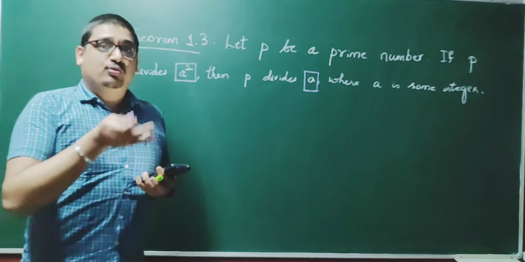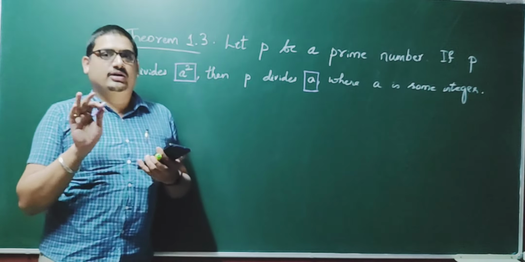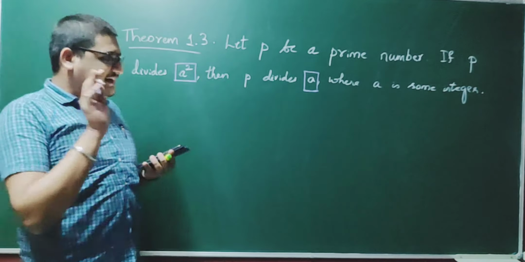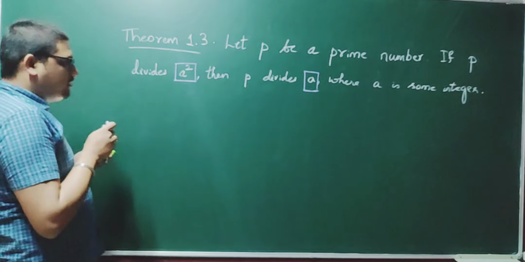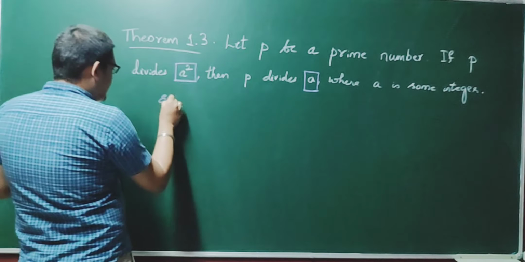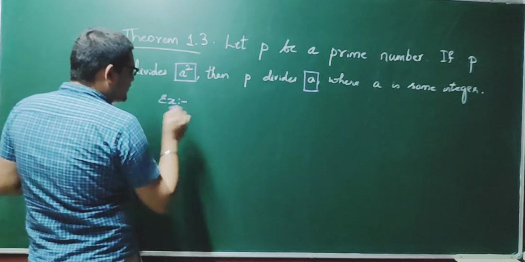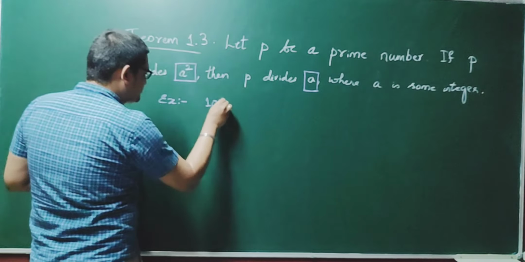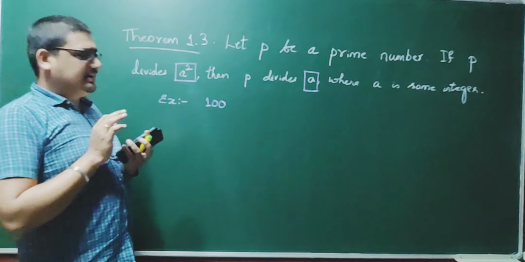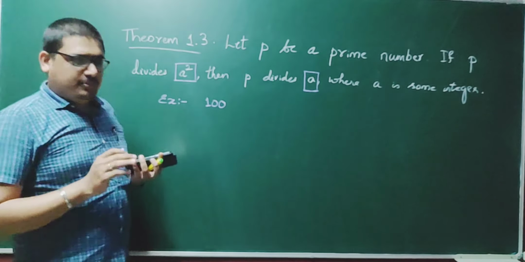You do not have the proof of this theorem from an examination point of view, but still let us understand this with the help of an example. Let's consider the number 100. Obviously, 100 is a composite number.